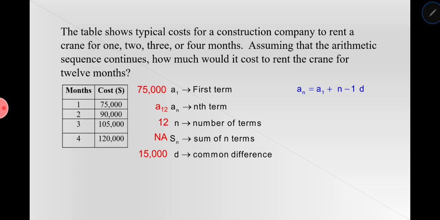Okay, so the first term is 75,000. The nth term is a sub 12, the number of terms is 12, and the common difference is 15,000. Again, paano natin nakuha si common difference?